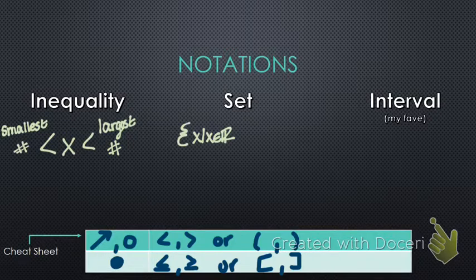Then after this mess in the beginning, you just copy inequality notation. So set notation is inequality notation with that fancy stuff that I just wrote down at the beginning. So then we have the smallest number with x, and then the largest number, and then we finish off our squiggly bracket.